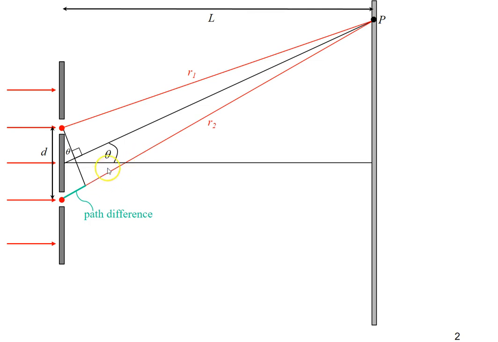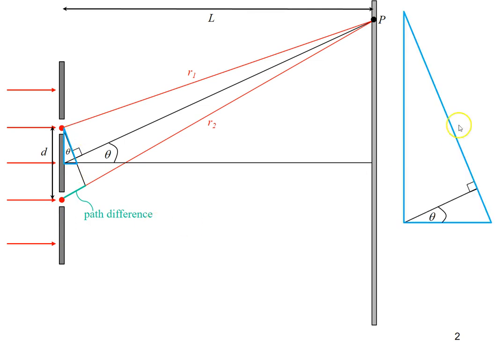First of all, if this is angle theta right here, I claim that this is angle theta right here. And to see that, look at the little blue triangle; I blew it up over here. This angle right here is angle theta. You can see that in my drawing.